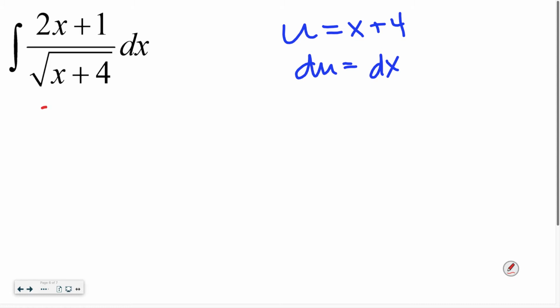So our integral would become, let's see, dx becomes du. This is the square root of u. And then in our numerator, we have 2x plus 1. Well, couldn't we write x as u minus 4?